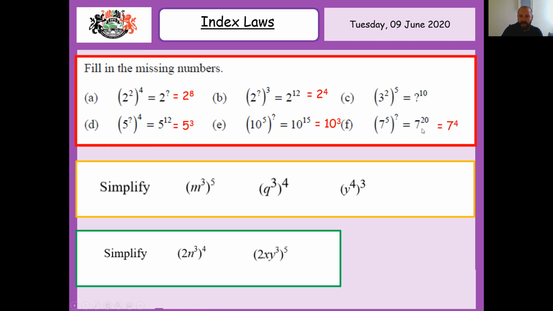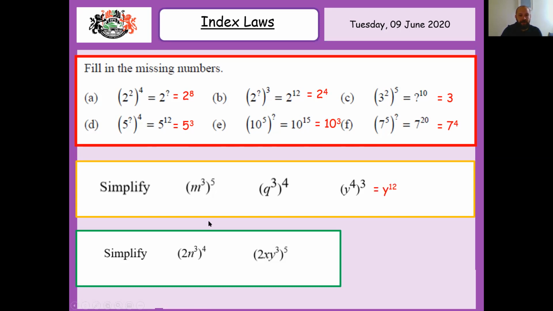Here, we've had to work out what we multiplied 5 by to get to 20. And here, we've had to work out what we've multiplied 5 by. Sorry, I beg your pardon. Here, we've had to work out what the base value is. So the base value stays as a 3.